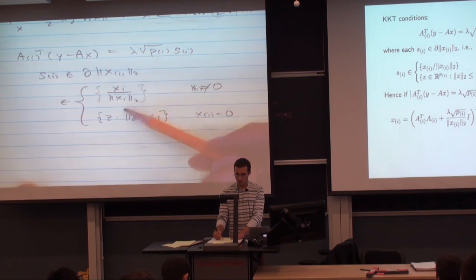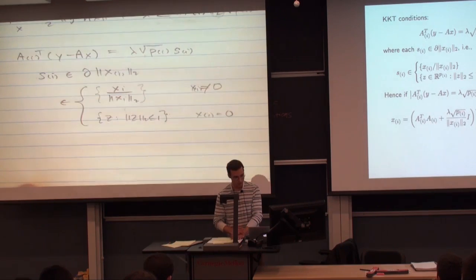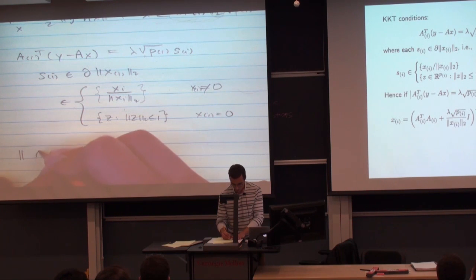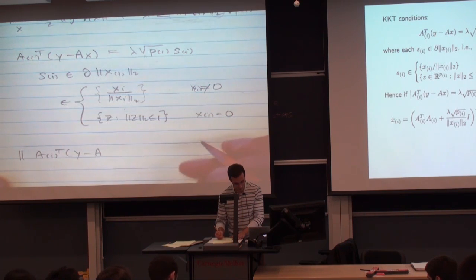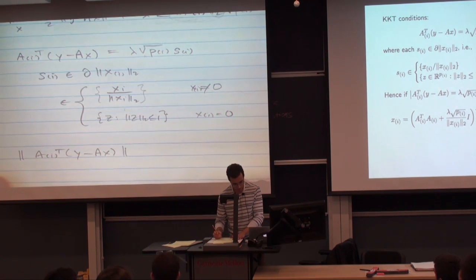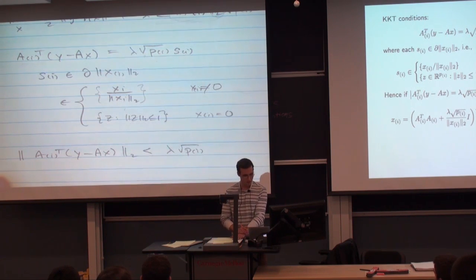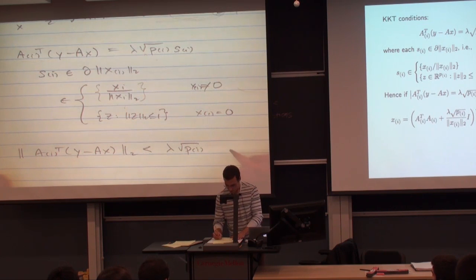Okay, so these comprise the KKT conditions here. And just like we did for the lasso, we can now look at this and read off directly that, well, if I happened to look at, say, the norm of the ith block of variables transpose the residual, and that 2 norm was strictly smaller than lambda times the square root of pi, then I know that xi must be 0.